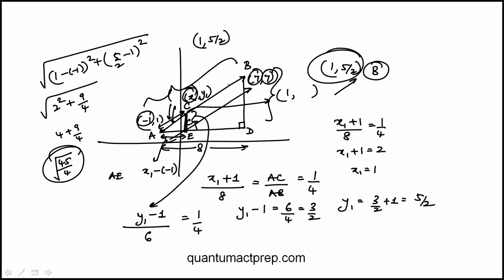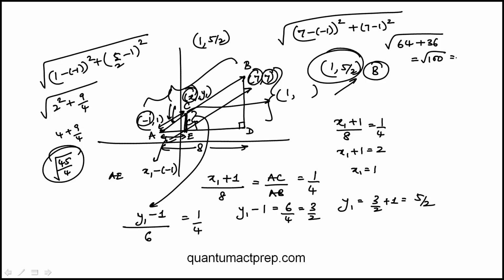Then find the distance AB. That would be 7 minus minus 1 squared plus 7 minus 1 squared.